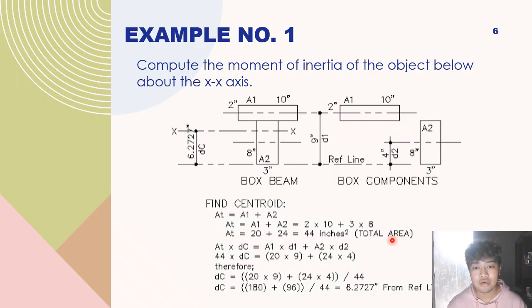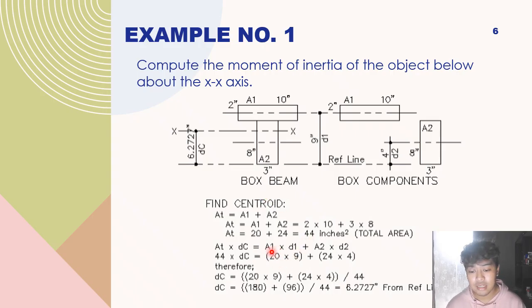So that is our total area. And then, in computing for the location of the centroid, if you remember Varignon's theorem, we have the total area times the distance of the centroid from our reference axis first. In this case, our reference axis is going to be at the bottom, the reference line.